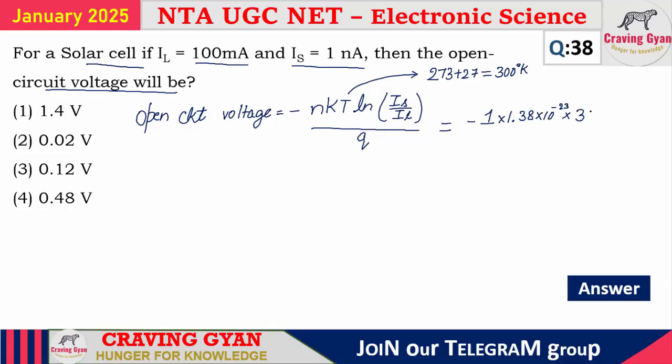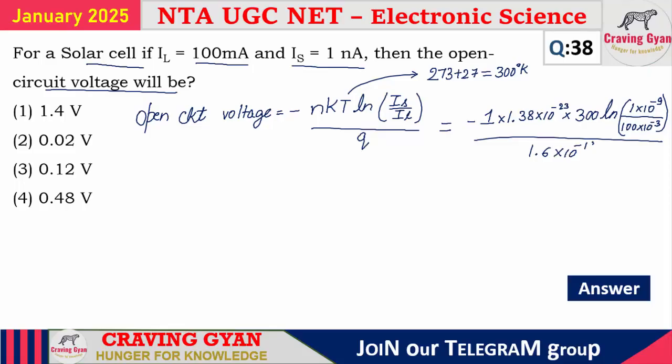So it is multiplied by 300 into ln of, what is the value of IS? You will be having 1 nano. 1 nano means 1 into 10 raised to minus 9, whole divided by, what is the value of IL? The value of IL is 100 milli, 100 into 10 raised to minus 3, whole divided by 1.6 into 10 power minus 19.